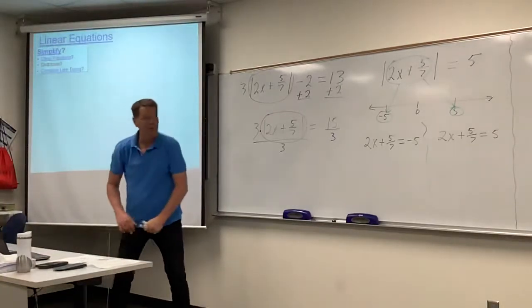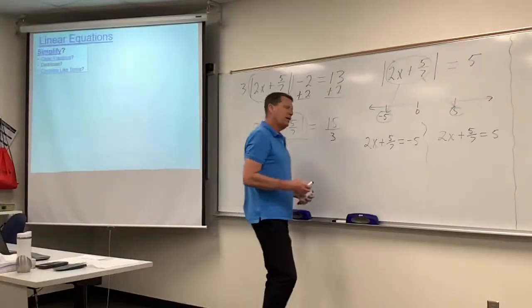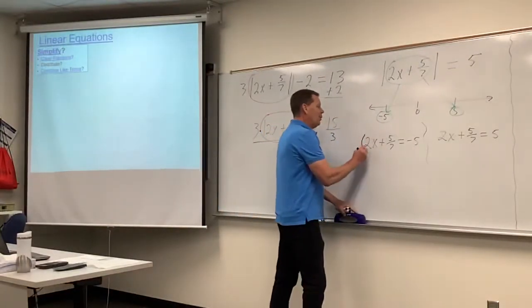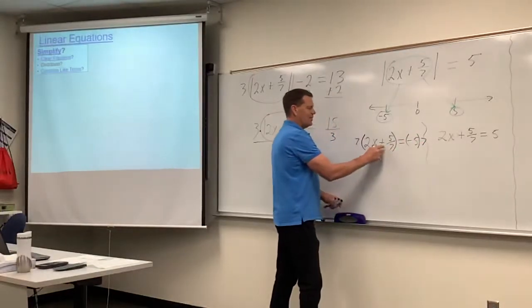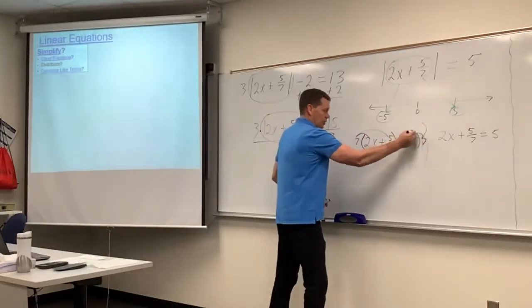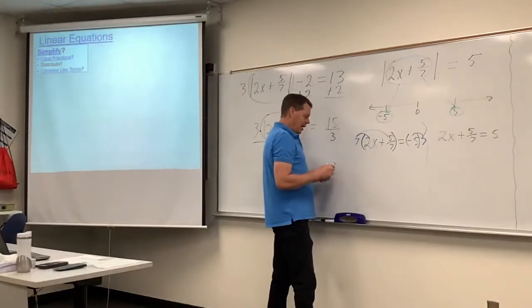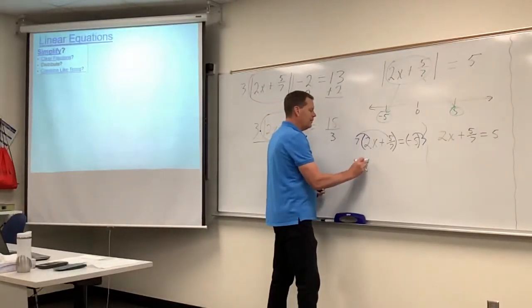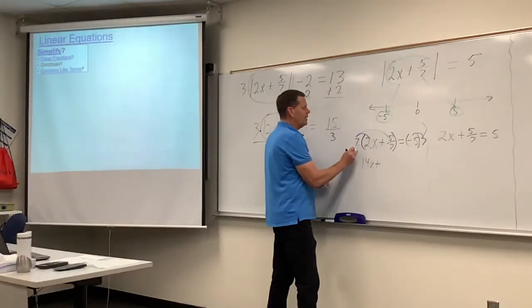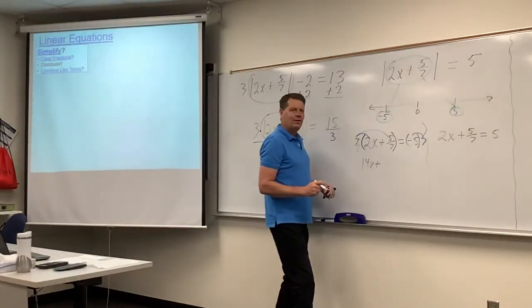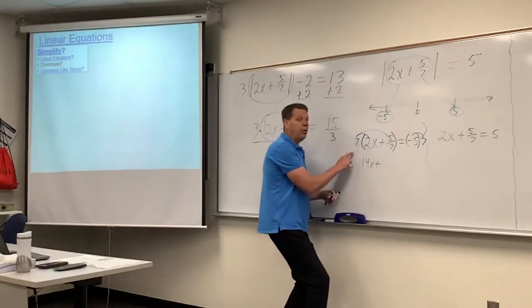Now would be the appropriate time to clear fractions, whereby we would distribute 7 on both sides to cancel that 7. Let's multiply everything in the equation by 7. 14x plus, you got to remember that that's 7 over 1.